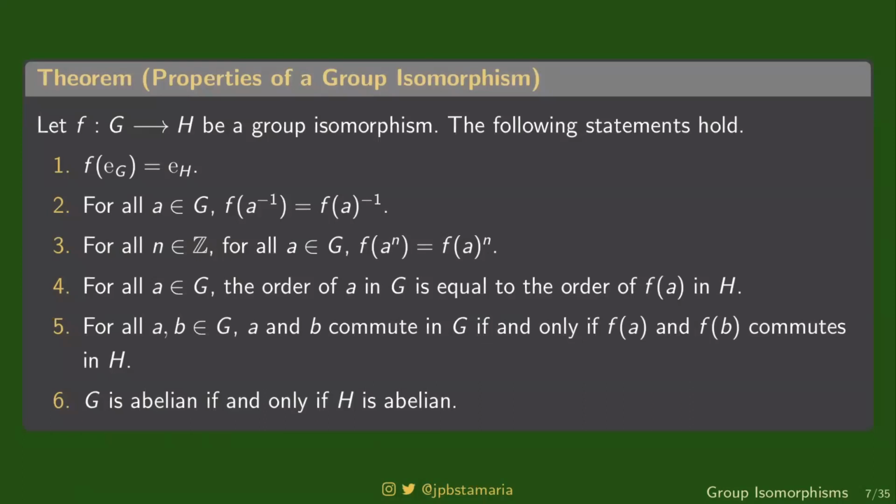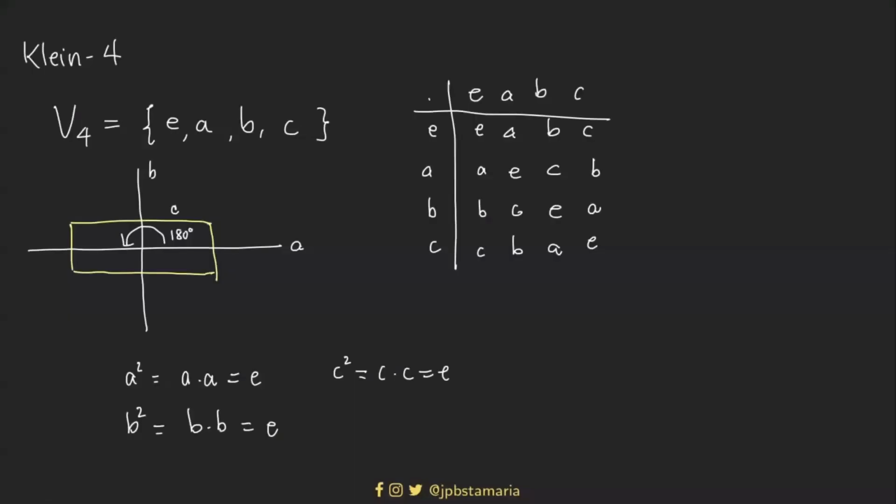Okay, let's do this one by one. Let me explain this to you. So, let's assume that F from G to H is a group isomorphism.